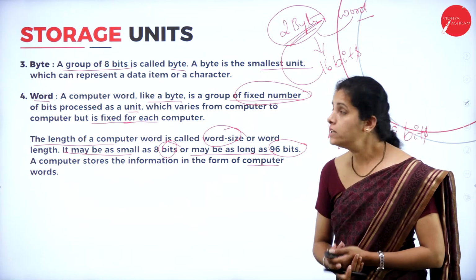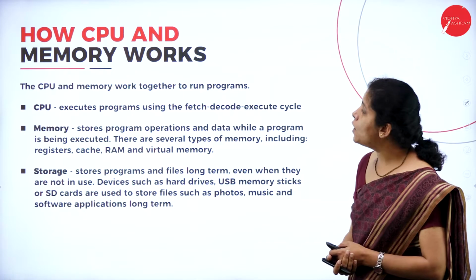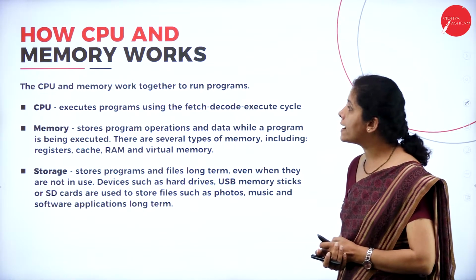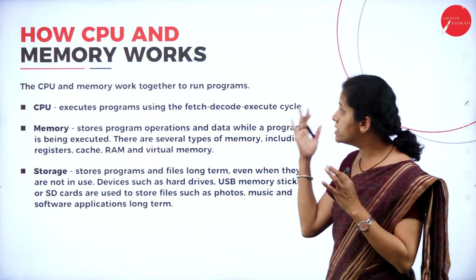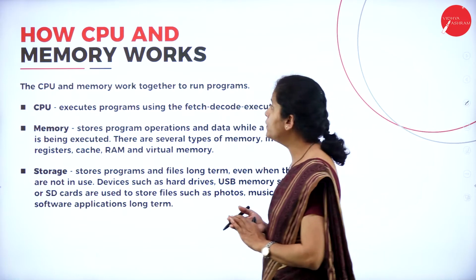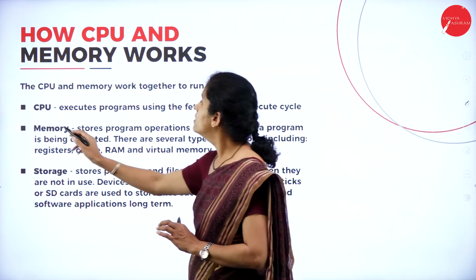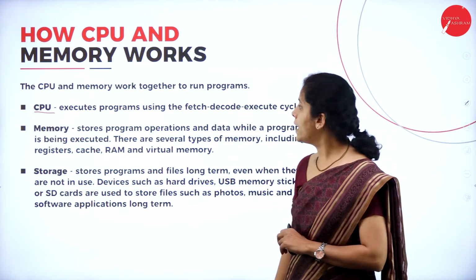So dear student, followed by storage units, I am going to cover how the CPU, that is the central processing unit, and memory work. That means how the CPU and computer memory work. So here, the CPU. What is the job of the CPU?